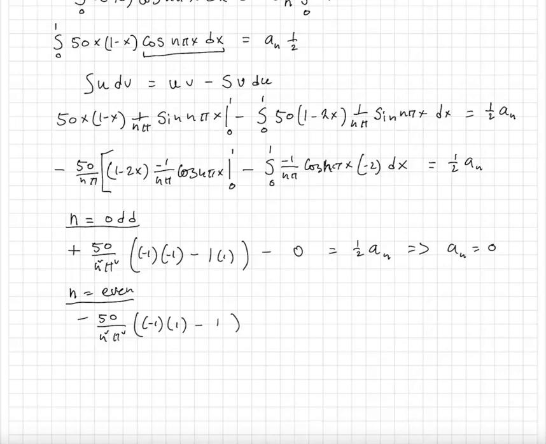Okay, and next part is the same, and even or odd, you integrate cos, you'll end up with 0. So this equals half a n. So what we see here, you just do a little mental math. So minus 1 minus 1 is minus 2. So negative 2. So negative negative positive 100.